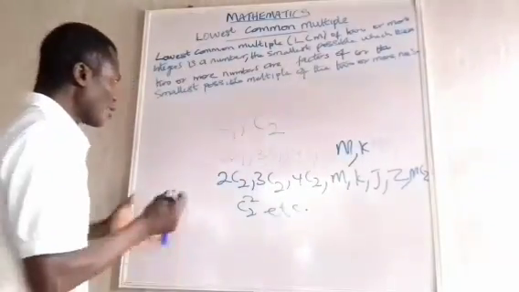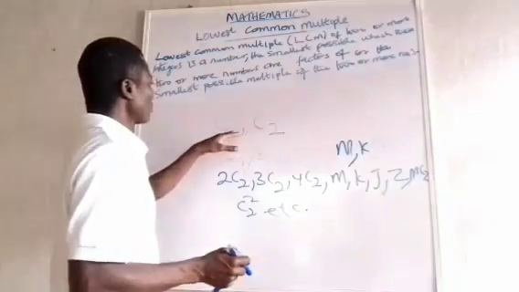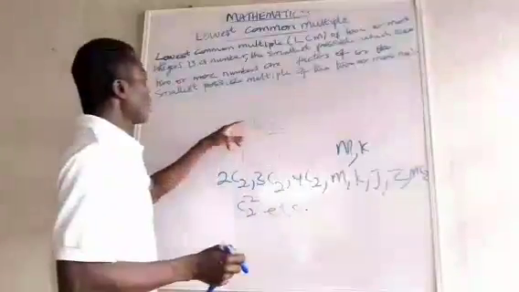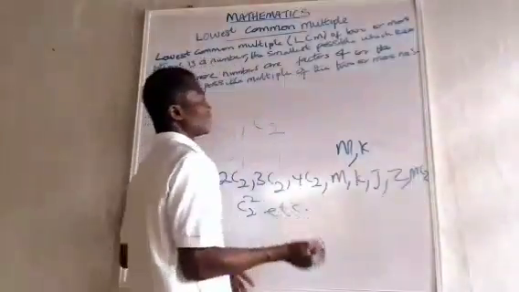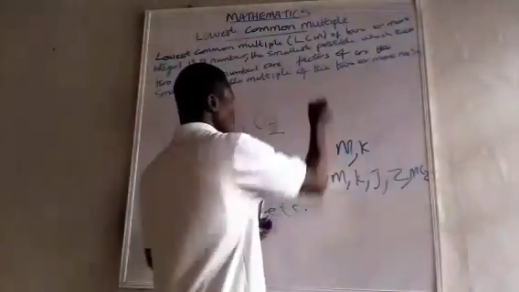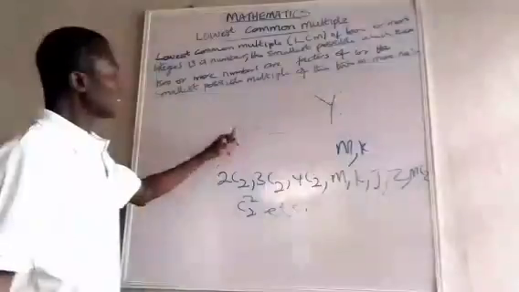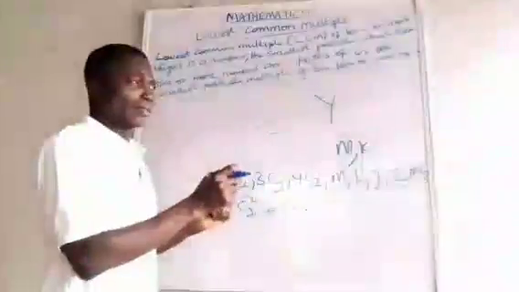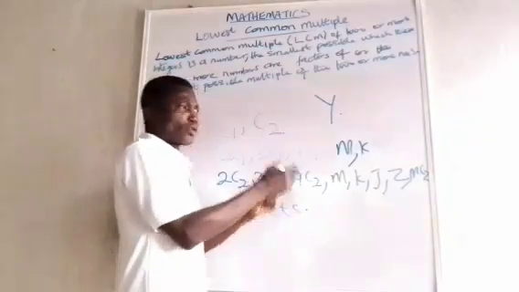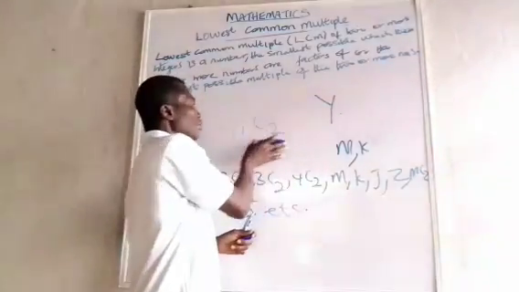But we are talking about a number which you can find as a multiple of C1 and a multiple of C2 conveniently. That is, the two of them will divide this number. Let's say the number is Y. Which means C1 can go into Y, and C2 can go into Y. At the end of the day, it is the smallest convenient number that the two of them will go into.